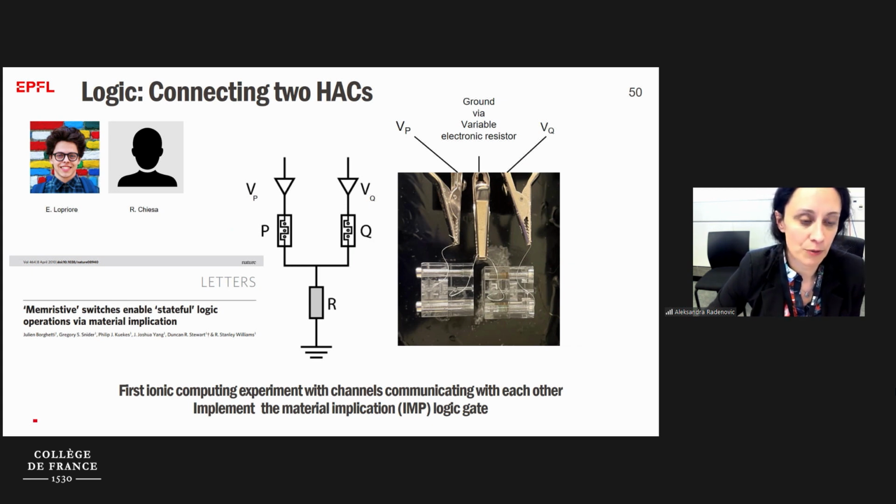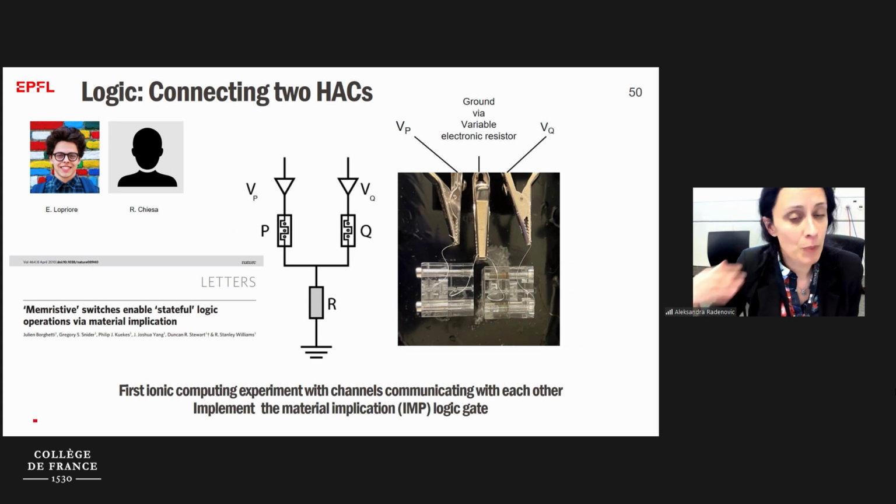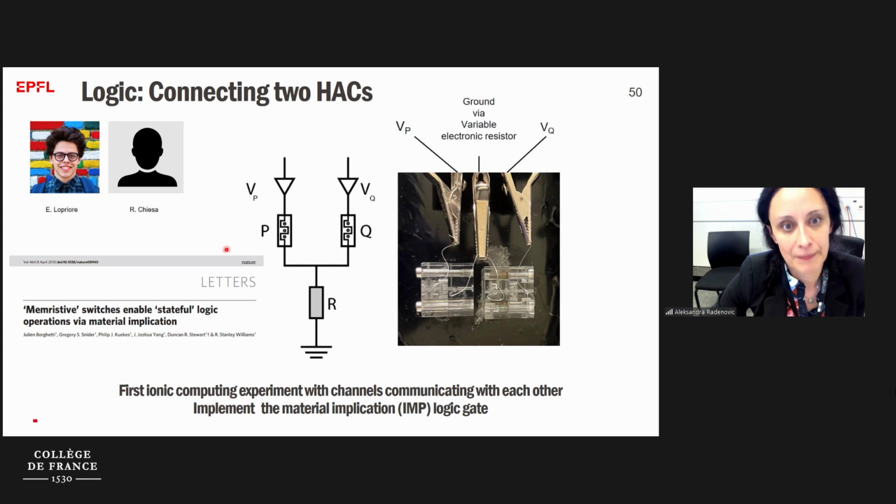This type of gate was proposed a long time ago, but implemented and demonstrated recently, in 2010 by Borghetti, using two electronics-based devices. So we basically mimicked everything that was previously done with electrons, having instead of two electronic memristors, two nanofluidic memristors.